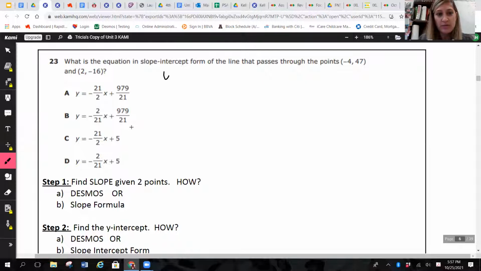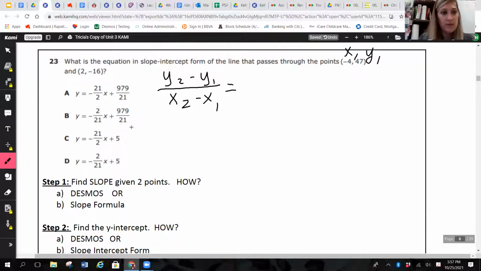The slope formula is y2 minus y1 over x2 minus x1. All right, next I need to label these 2 points. Here's my x1 and my y1 and my x2 and my y2.